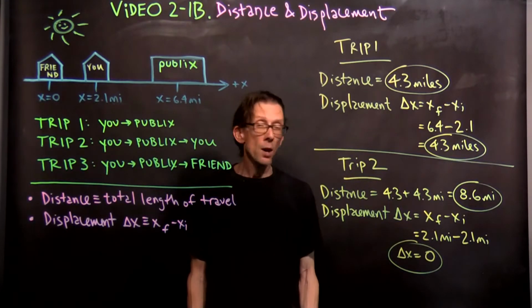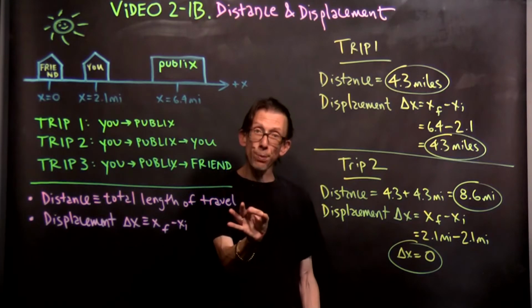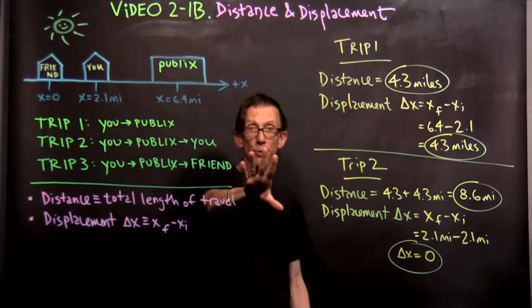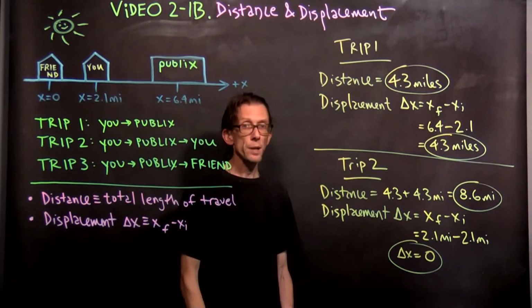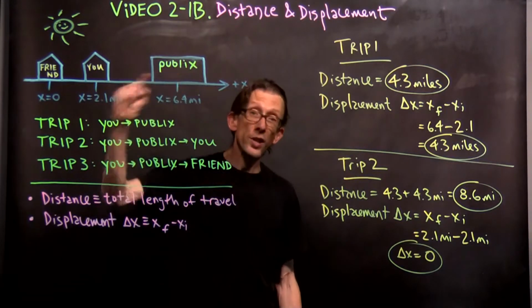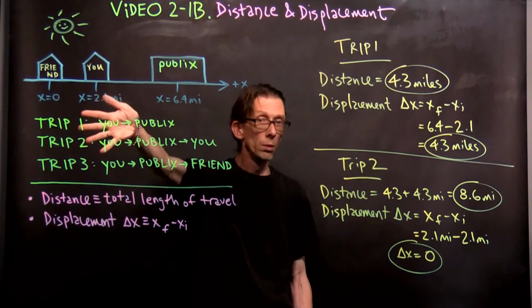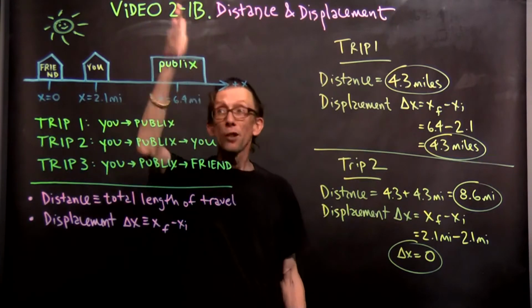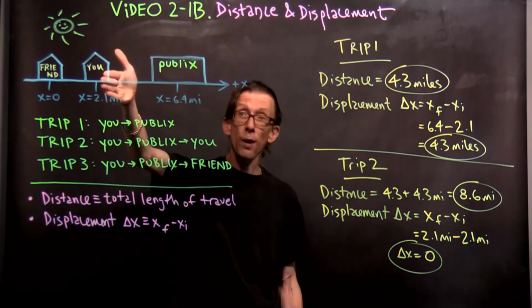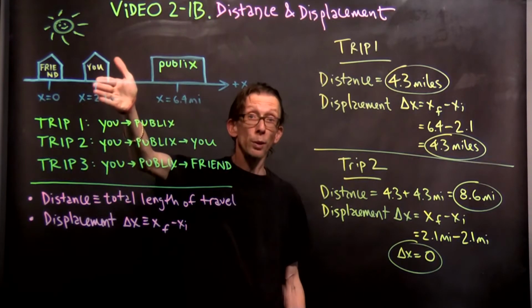For displacement, all that matters is where you end up and where you started. It doesn't matter what you did between the two. If you started trip 2 at your house, you go to Publix and you come back to your house and you end your trip at your house, you have gone nowhere from a displacement point of view.